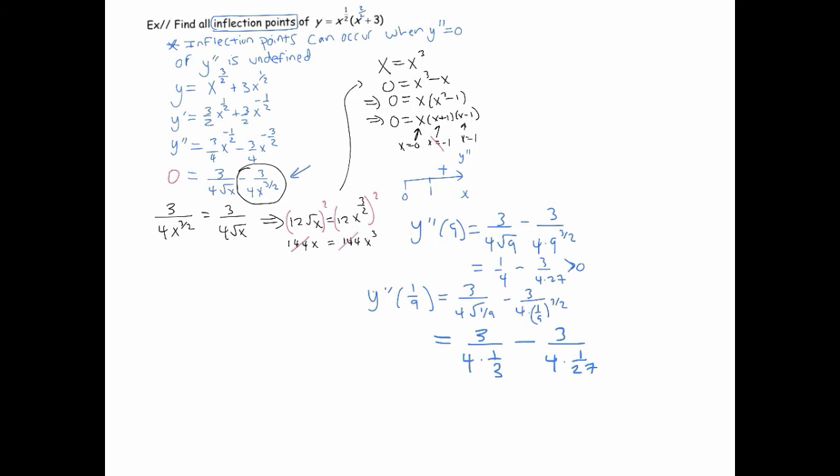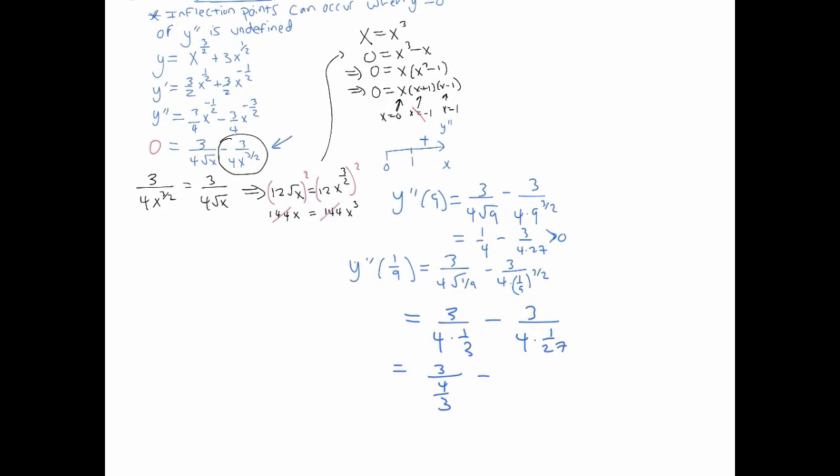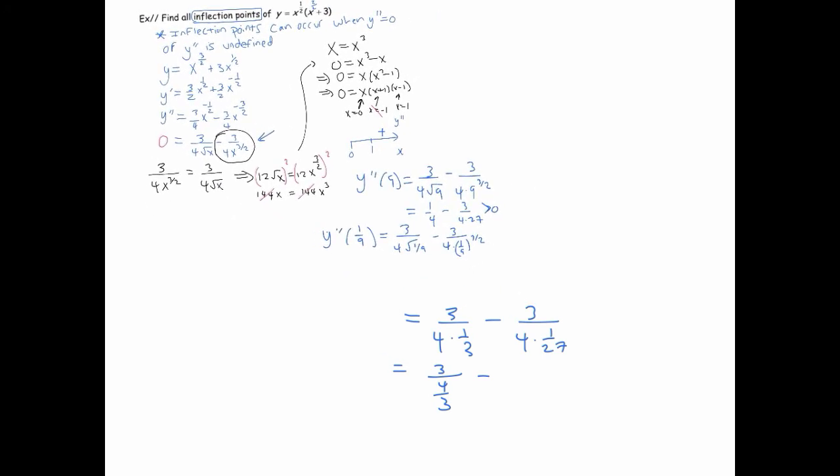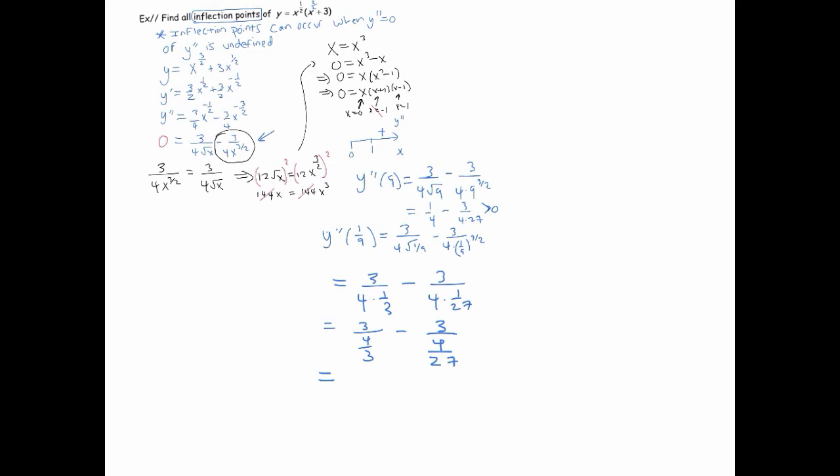So this ends up being 3 divided by 4/3 minus 3 over 4/27, which equals, divided by a fraction multiplied by the reciprocal, 9/4 minus 27 times 3 is 81/4, which we can see is going to be negative. So that's all we care about, it's negative.